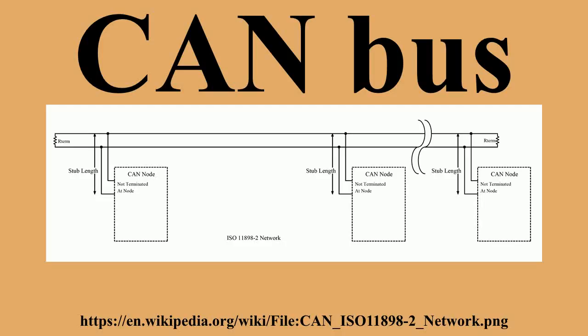Remote frame. Generally, data transmission is performed on an autonomous basis with the data source node sending out a data frame. It is also possible, however, for a destination node to request the data from the source by sending a remote frame. There are two differences between a data frame and a remote frame.